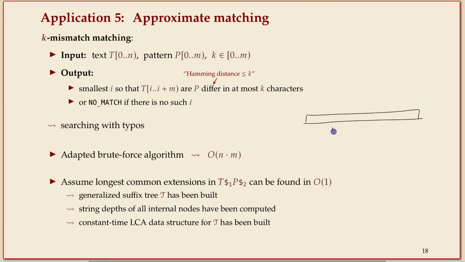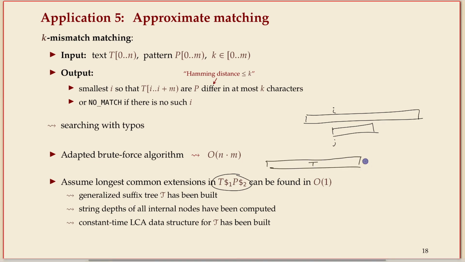If we have a position i in the text and we have aligned the pattern, we can take this position i and this position j in the pattern, initially 0, and we can map this to this weird text here, where we have t first, then $1, then the pattern.